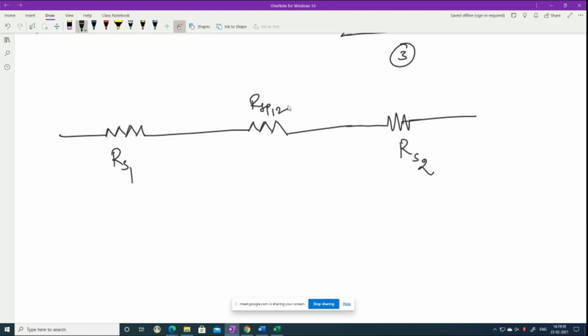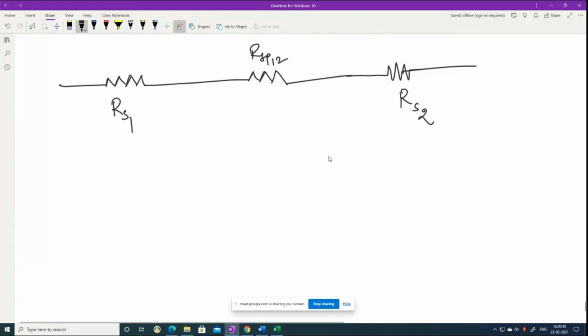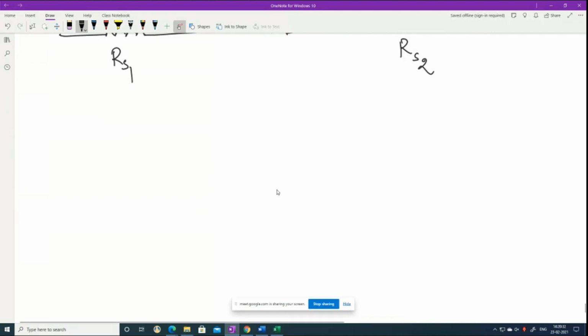Now I have to bring in the third one. How do I bring in the third one into my resistance circuit here? Can somebody guess? You will have R space between 1 3, isn't it? R space between 2 3 also, and you have a third resistance. For that, I will draw the resistance here.